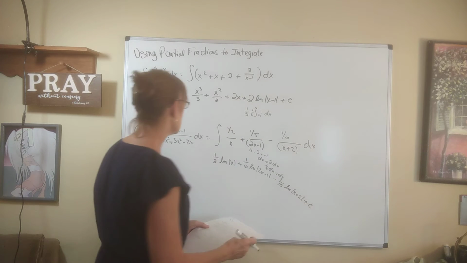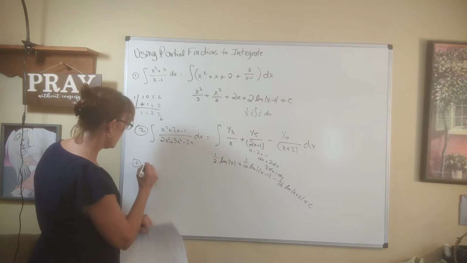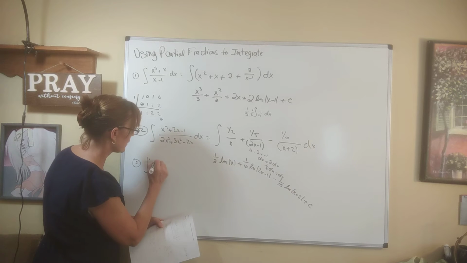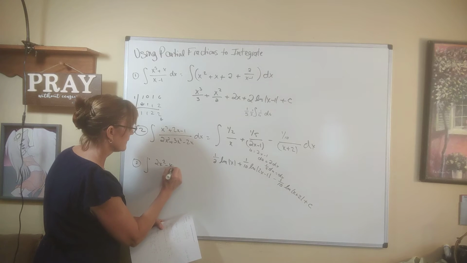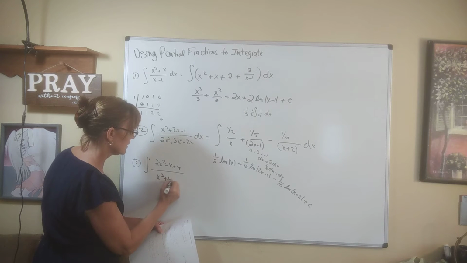All right, number 3 was this one. We have the integral of (2x squared minus x plus 4) all over (x cubed plus 4x).